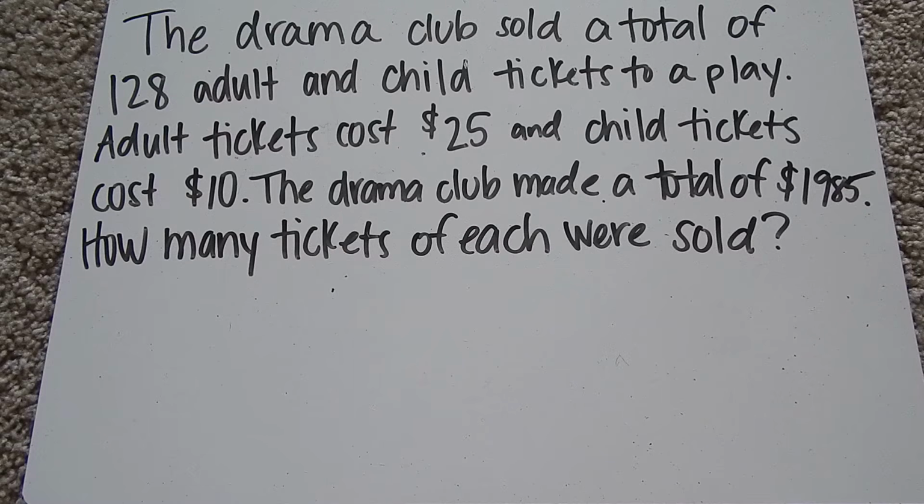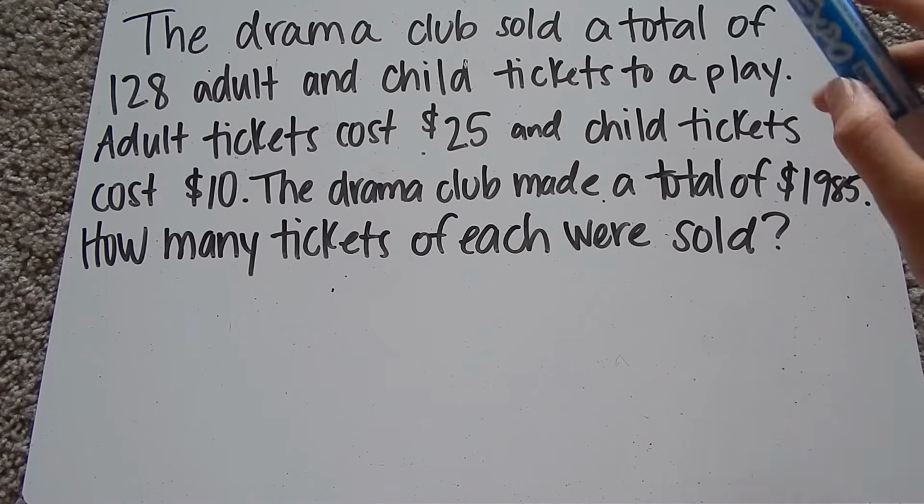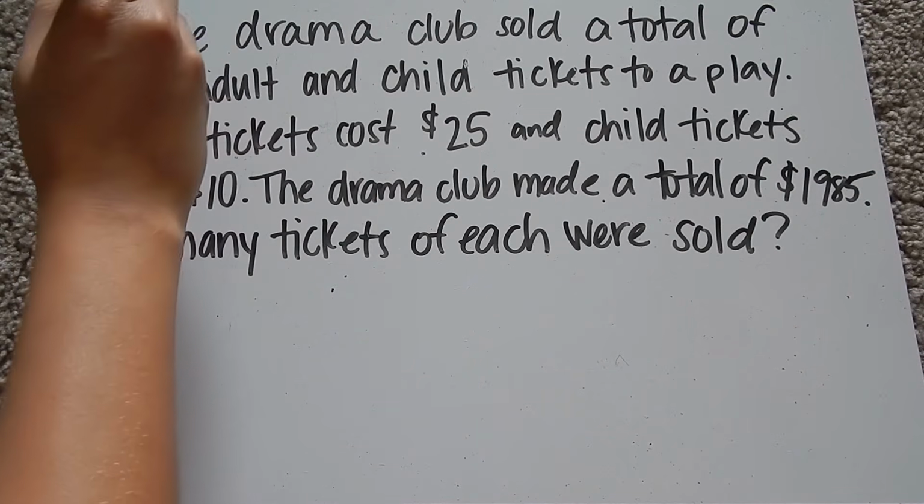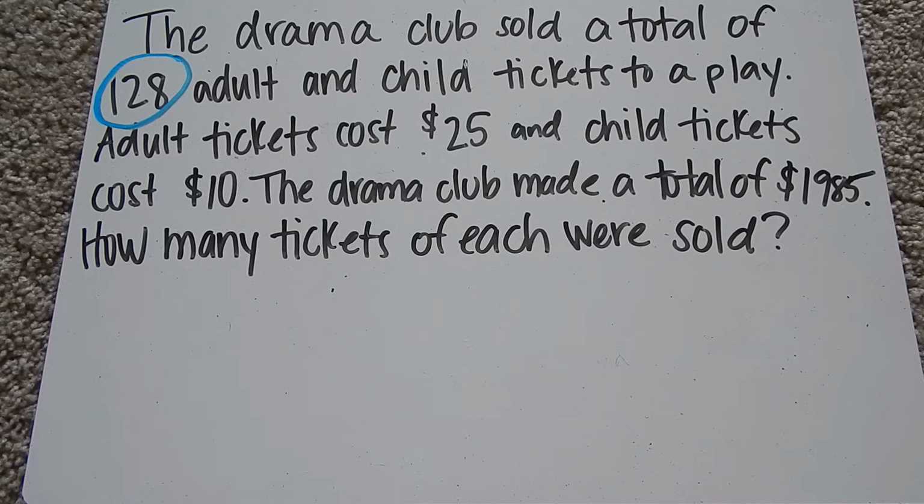So let's get started. The drama club sold a total of 128 adult and child tickets to a play. So I'm going to stop right there. 128 is a total because it tells me a total of 128, so I'm going to circle that. And those are tickets.